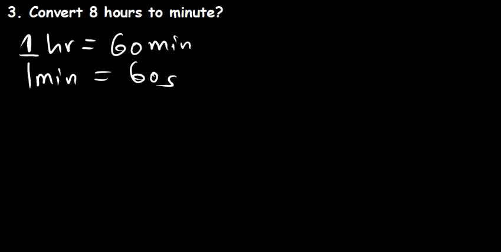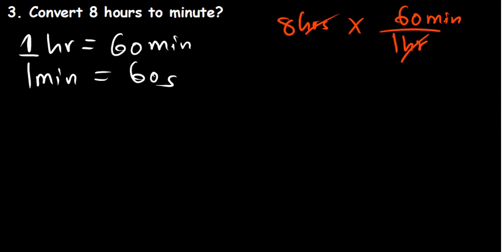So we want to convert these to minutes. What I'm going to do is I'll say 8 hours, set the units in such a way that they cancel each other. So in 1 hour, how many minutes do we have? 60 minutes. Hour and hour will cancel, so we'll say 8 times 60. So I'm getting 480 minutes.